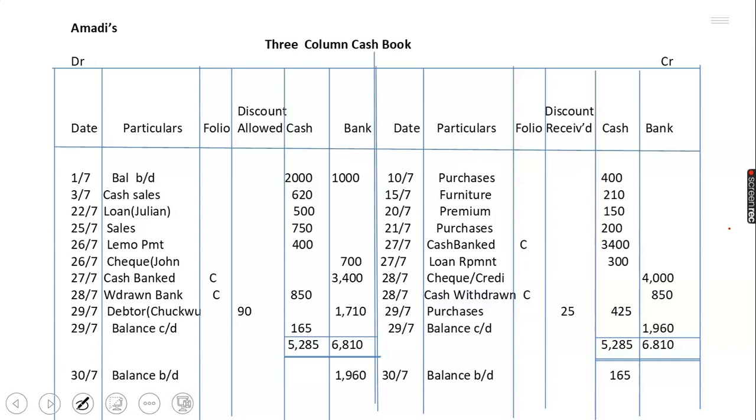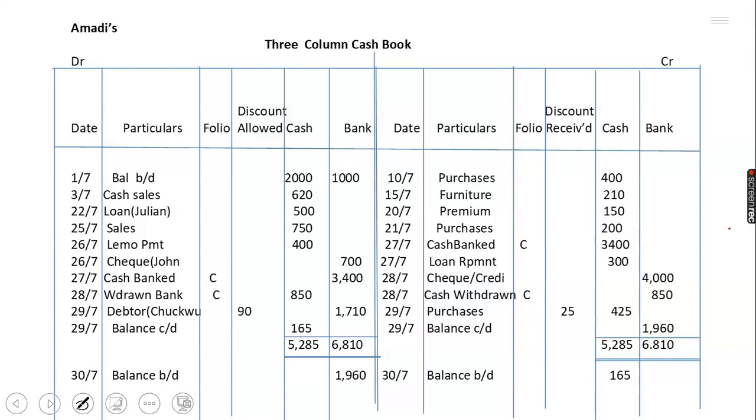It's a contra entry also, and therefore is going to be recorded under the cash and the bank columns. So here it is going to be credited to the cash column, that's 3,400 naira, and 27/7 here is going to be debited to the bank column because it was taken to the bank.